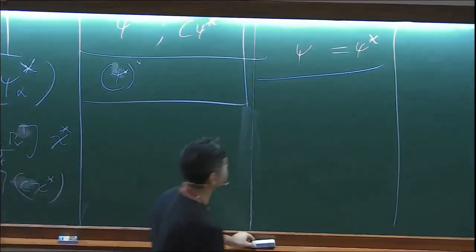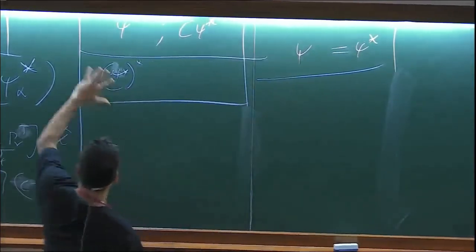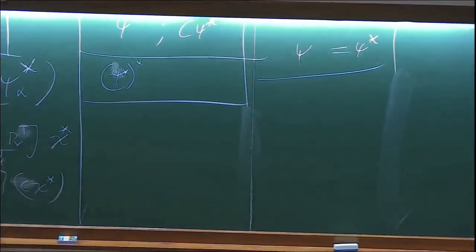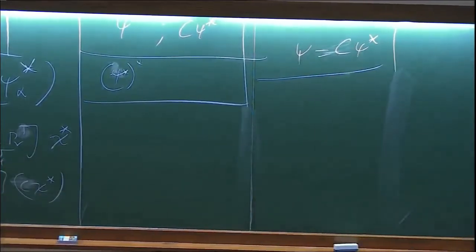Let's move on. This equation makes no sense, but now that we've done all this preparatory work, we have an equation that does make sense. Suppose I try to impose the condition psi is equal to C psi star. This is an equation that maybe is right, maybe is nonsense, but it is more sophisticatedly nonsense than the earlier equation.